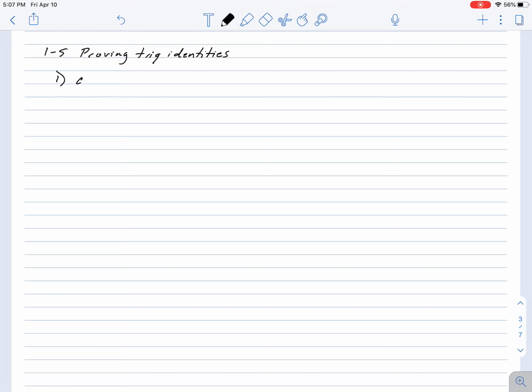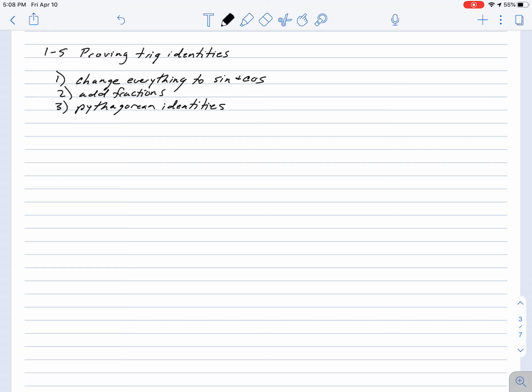So one is changing everything to sine and cosine. That's one we talked about before. Sometimes that's helpful. You can add fractions. Okay, you can use the Pythagorean identities to substitute stuff out. You can multiply things out.